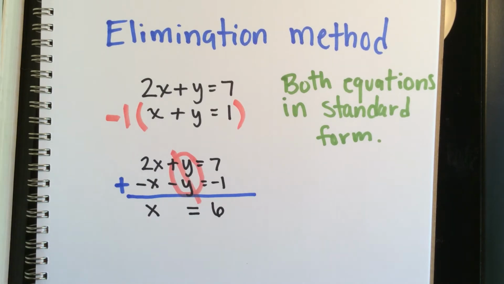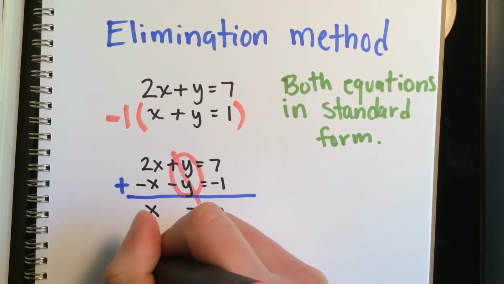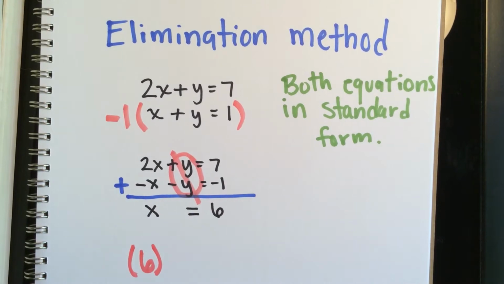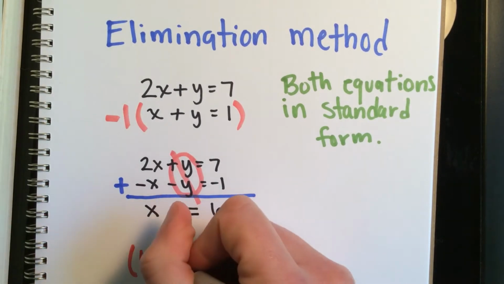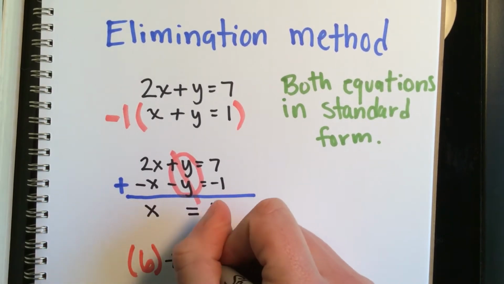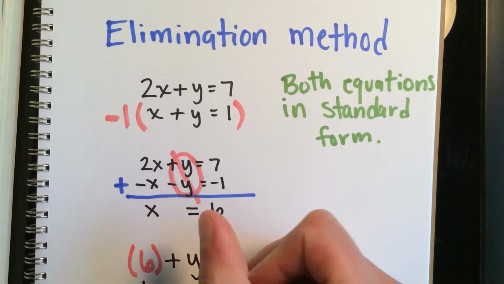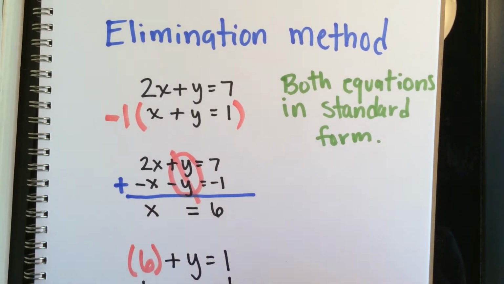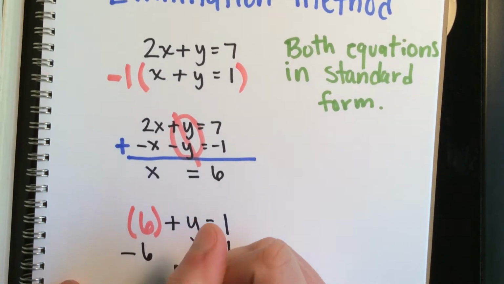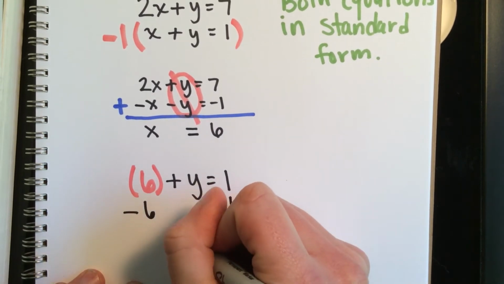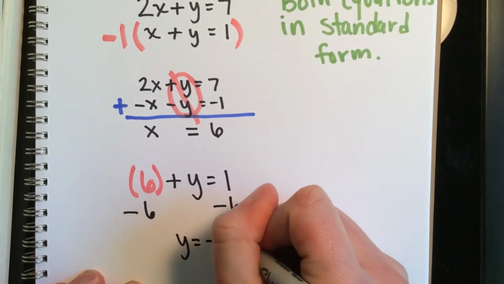So we know that x equals 6, so I'm going to input, so we have 6 plus y equals 1. Okay, so in order to get this y by itself, because we want to know what y equals, we're going to subtract 6 from both sides, so -6, and then we get that y equals -5.